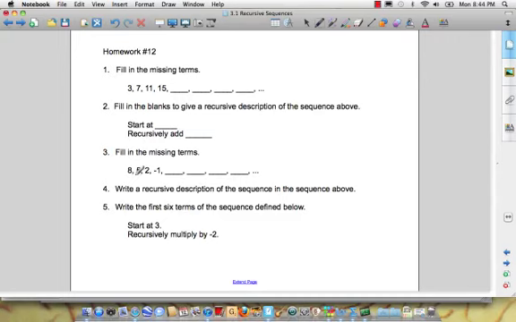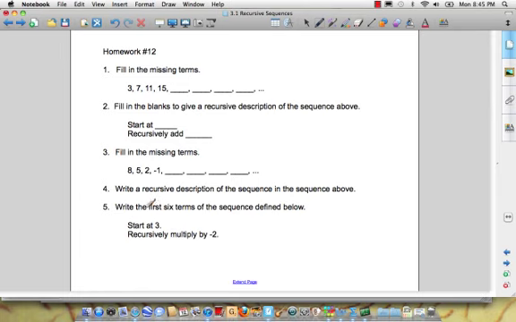All right, and then number 3, here's another sequence. Again, study it, figure out the pattern, and then fill in the 4 blanks, and then write a recursive description of that sequence. If you get stuck on number 4, look back to the way I structured number 2, because you're going to do something quite similar in number 4.